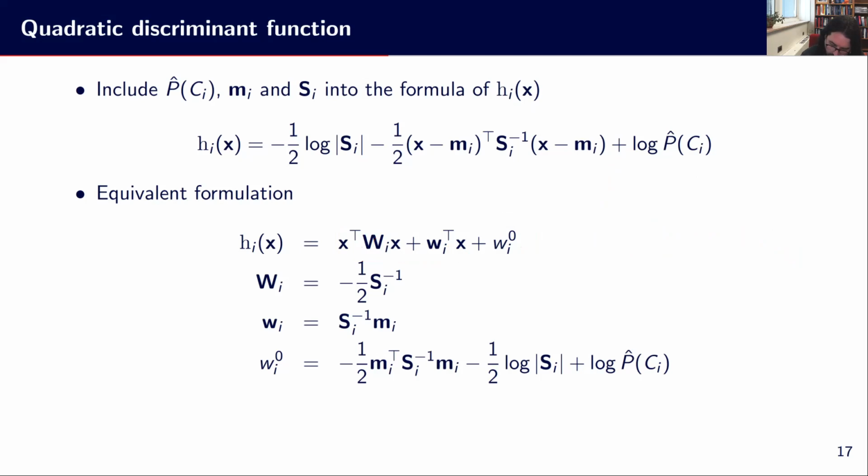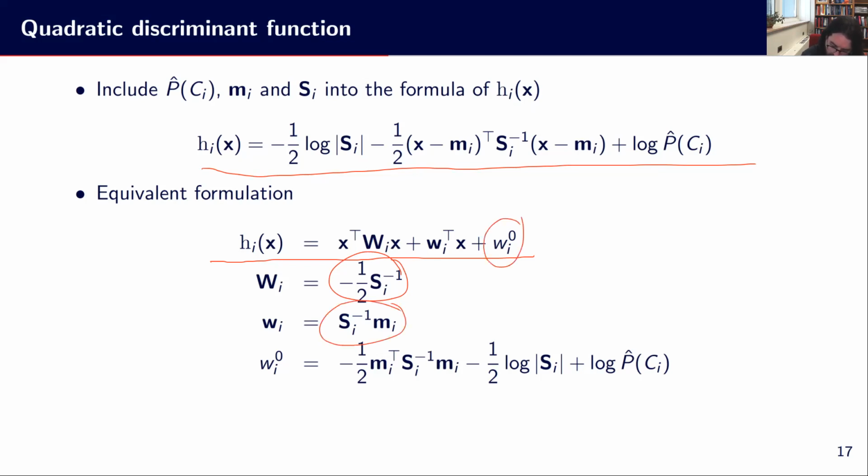So going back to this, we have this general formulation of a quadratic function, which maps to that thing by using capital W_i as this, small w_i as that, and w_i0, the constant, as this. So these are all independent from x, while this is coming from when we expand this.